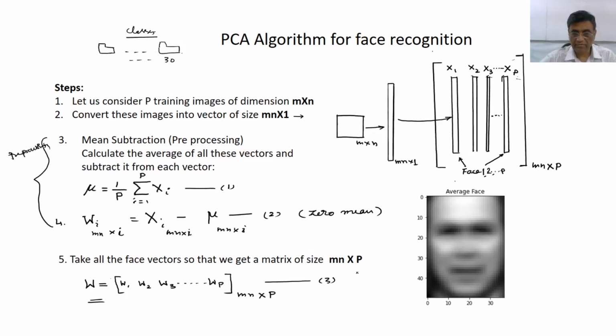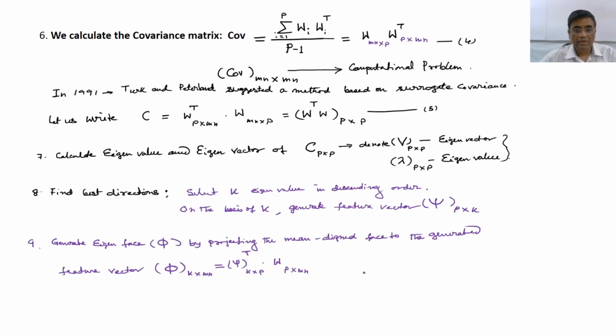Then the most important issue: to run PCA, we need to calculate the covariance matrix. And for the covariance matrix, you know that after zero mean it is (xi minus mu) into (xi minus mu) transpose. Here everything is in matrix form.